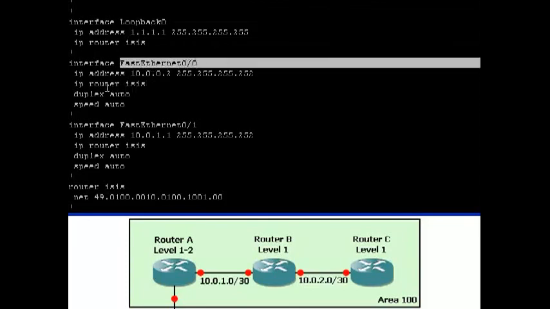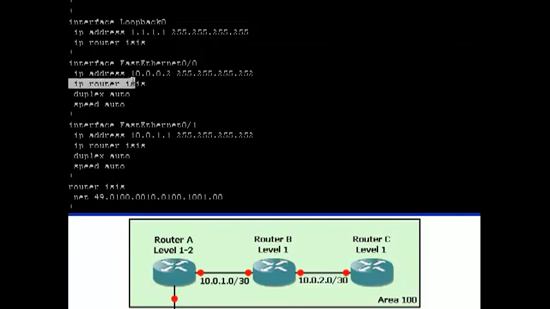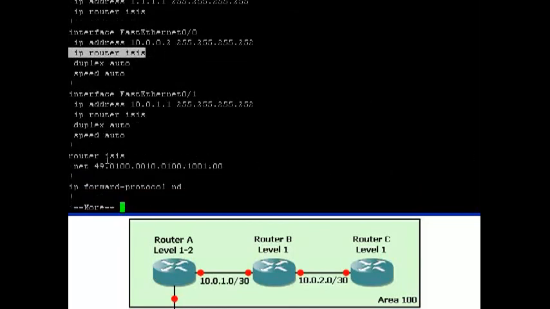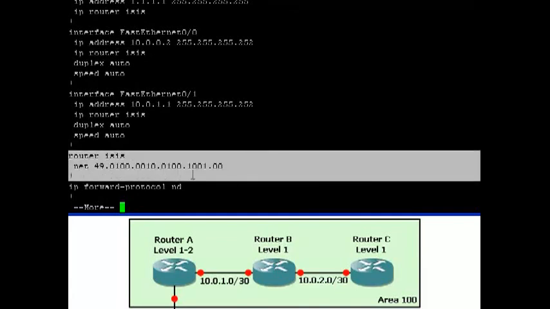And also the physical Fast Ethernet network is being advertised with the ip router isis command. We configured the IS-IS protocol on the router with the router isis command and also configured its net ID.